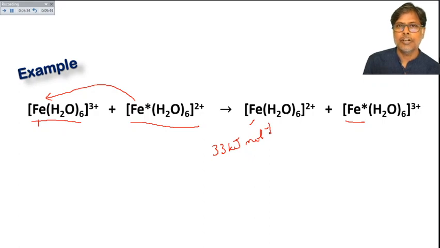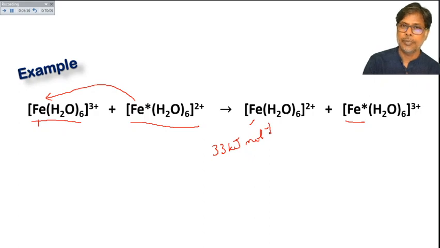So now what's going to happen here is, since the energy of the orbitals depends on the bond length, a bond length adjustment is going to take place. The bond lengths in the iron 2 complex are longer than those of the iron 3 complex.